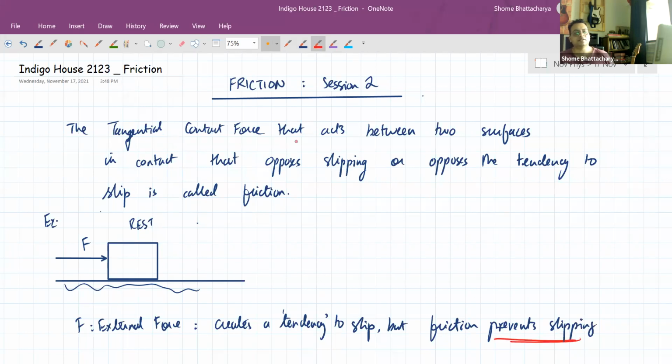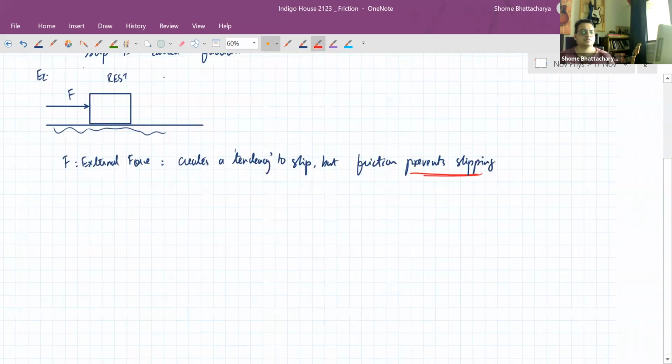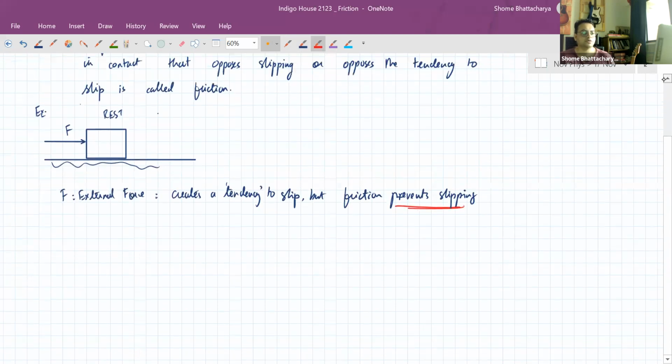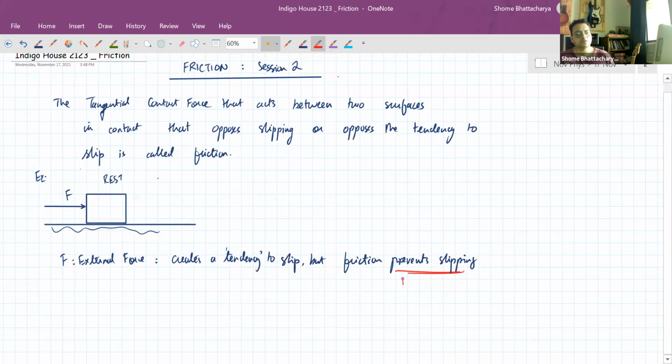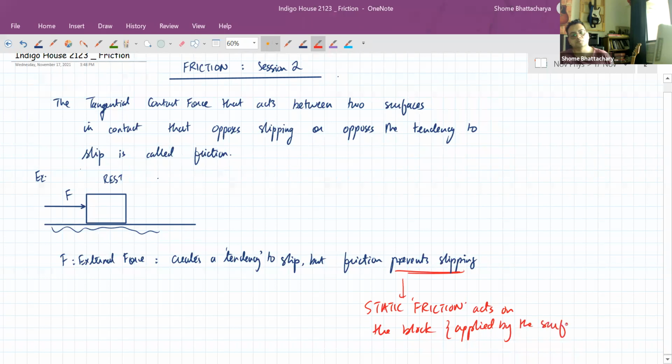In this situation, the friction which will act between the horizontal surface on which the body is lying will be called static friction. This is applied by the surface below, and it acts in such a way that it opposes the tendency to slip.